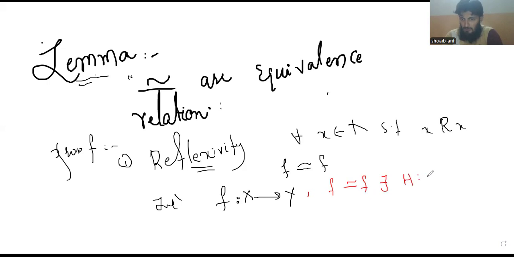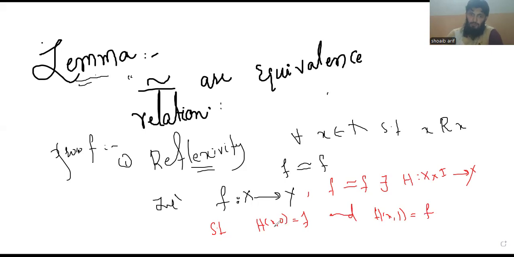That means a continuous map from X cross I to Y such that H of x comma 0 gives f, and H of x comma 1 also gives f. How can we construct this type of map? Then we will get f is homotopic to f.